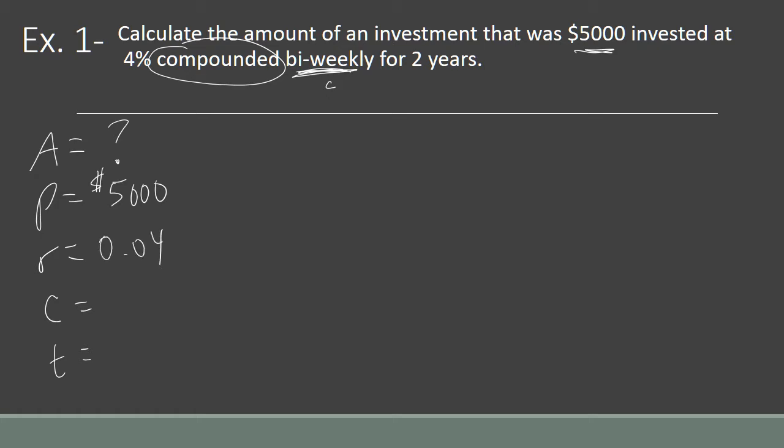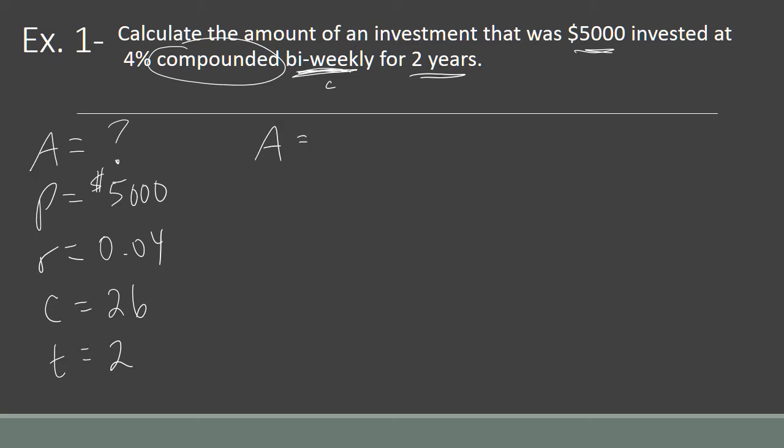C, your compounding period, biweekly. Do you remember what number we associate with biweekly? Hopefully you're thinking 26, right? Every other week. T for time, 2 years. Go to our formula.